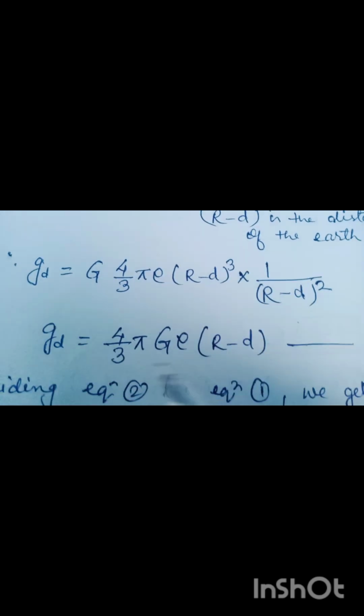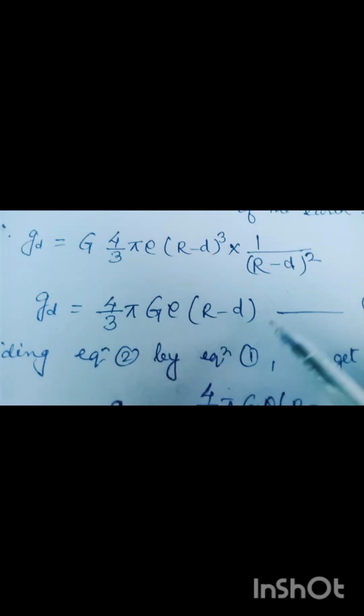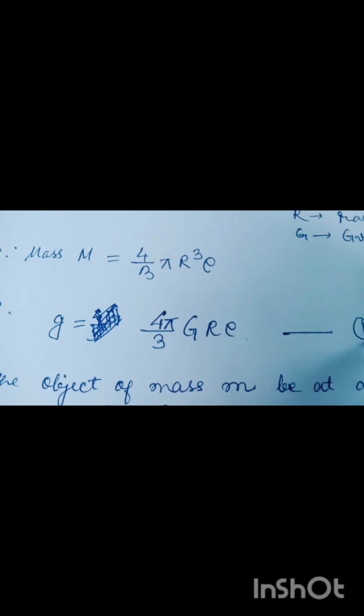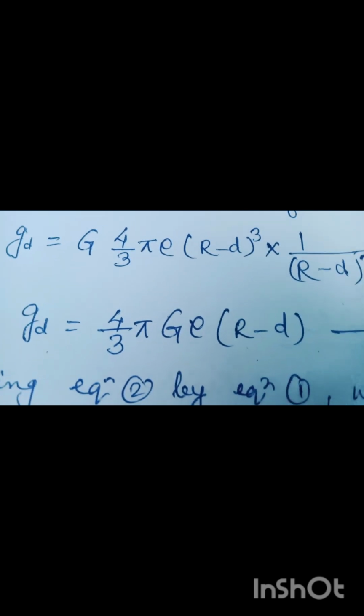The final expression is that acceleration due to gravity at depth d, g_d, is 4 by 3 pi G rho (r minus d). We have numbered this equation as 1 and this equation as 2. Equation 1 is on the surface of the Earth, and equation 2 is the expression of acceleration due to gravity at depth d.